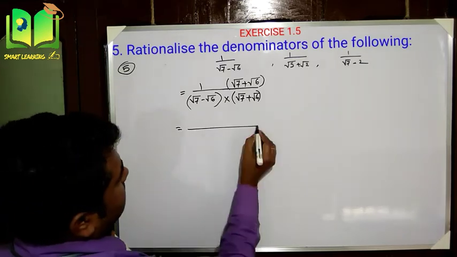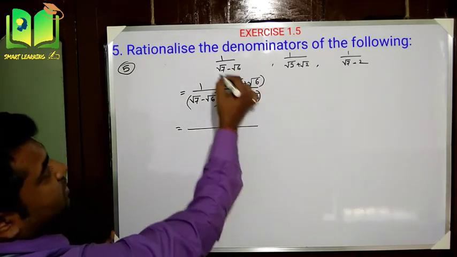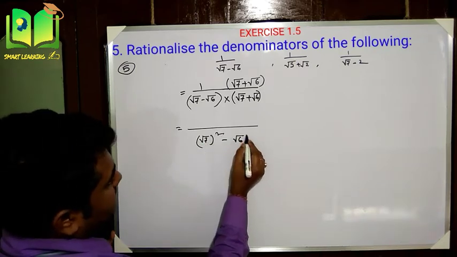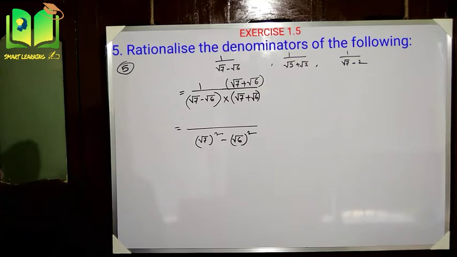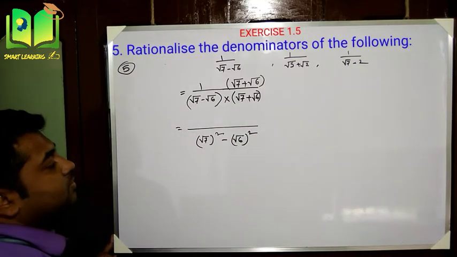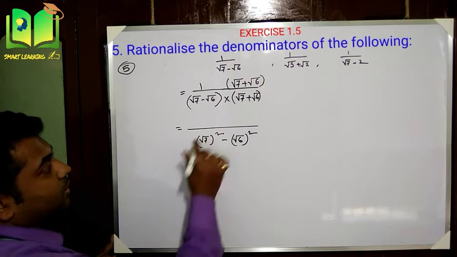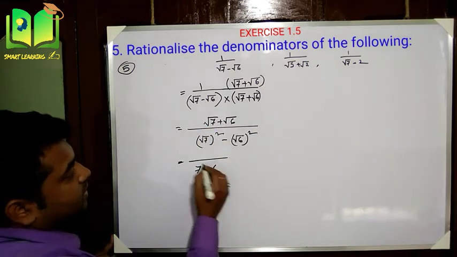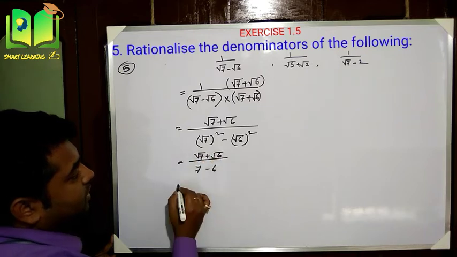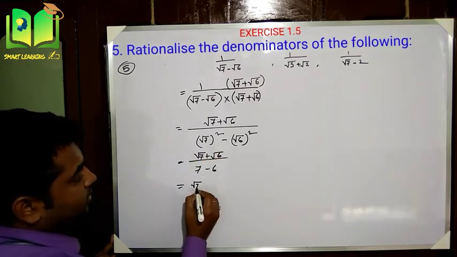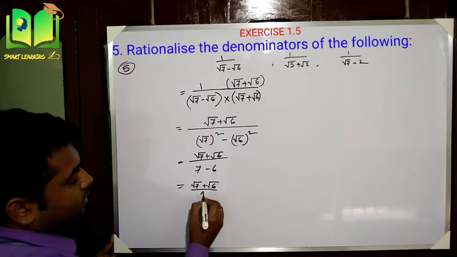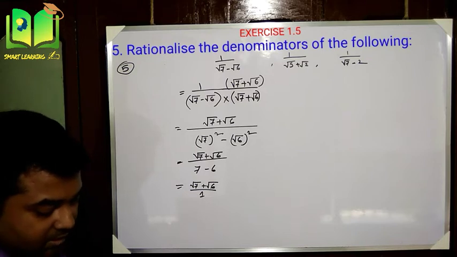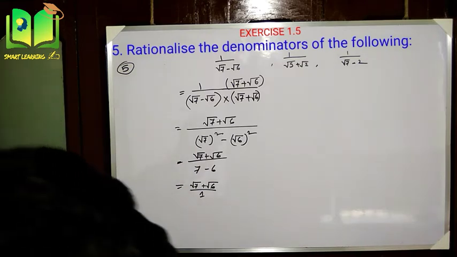If you cut this root 7 plus root 6, it is again your question, so here root 7 whole square minus root 6 whole square. A plus b into a minus b equals a square minus b square, so here 7 minus 6, and here root 7 plus root 6. 7 minus 6 is 1. No need to write the denominator, but here we write 1 because your question says rationalize the denominator. See, your denominator now becomes 1.